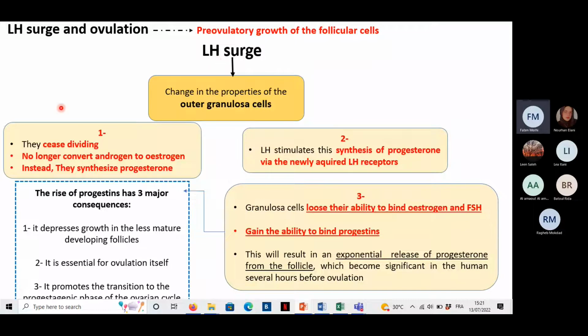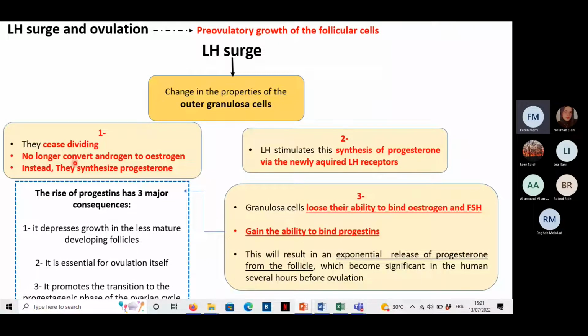So under the action of LH, and because the granulosa cells express receptors for LH, they can respond to it. Due to the interaction of the LH with its receptors on the granulosa cells, those cells will stop dividing.